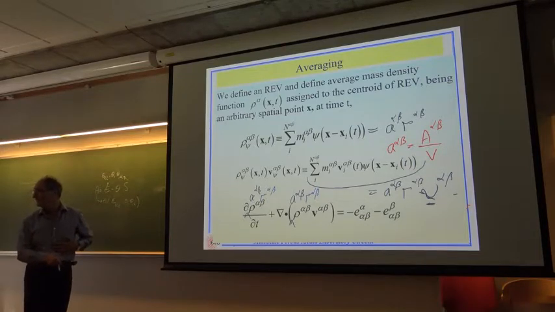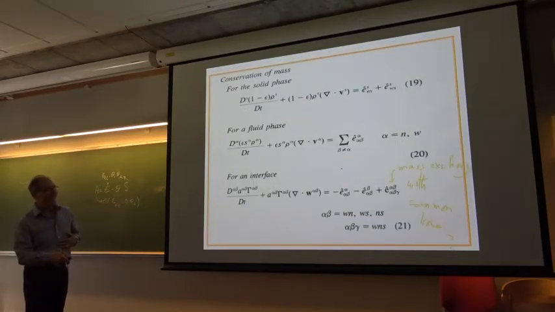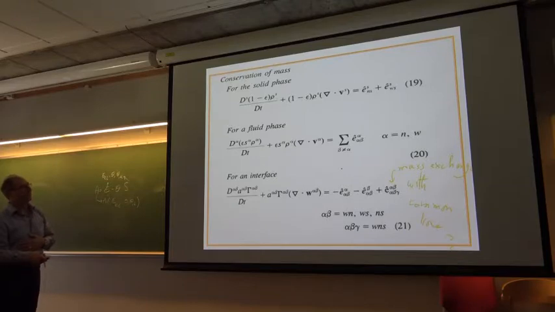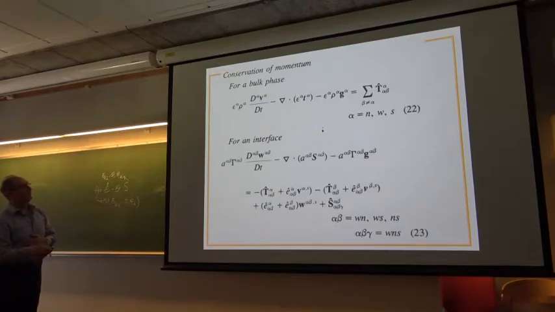You didn't catch it. There is an exchange of mass between the interface and the common line. Okay. Then there are the momentum balance equations for the bulk phases and for the interface. So again here, and then the interface exchanges mass, exchanges momentum with the neighboring phases and with the common line.